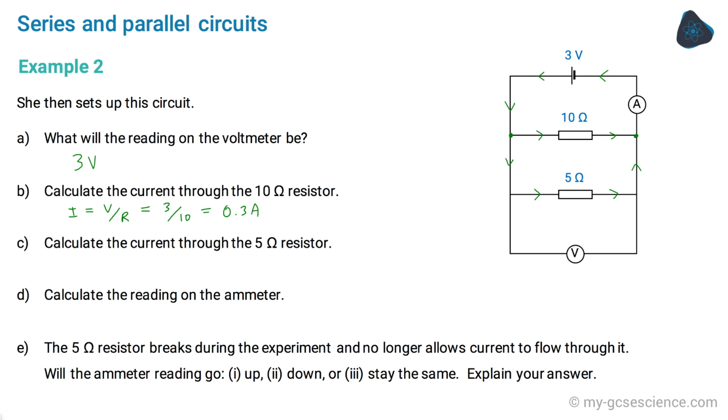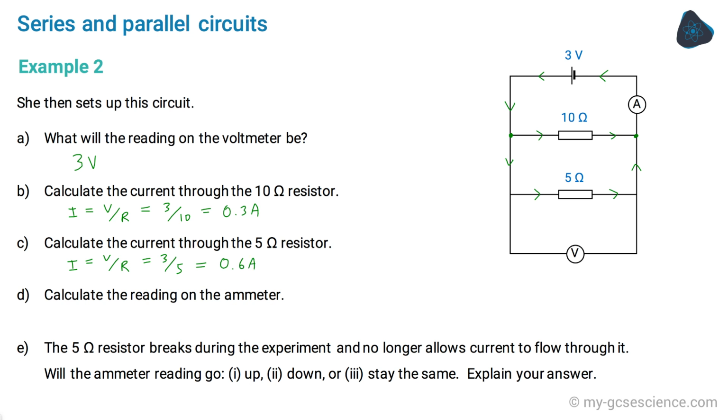On to part C, a very similar question, just with a different value for R. So I equals V over R, which is 3 over 5, which is equal to 0.6 amps.